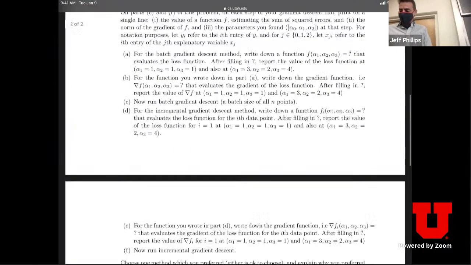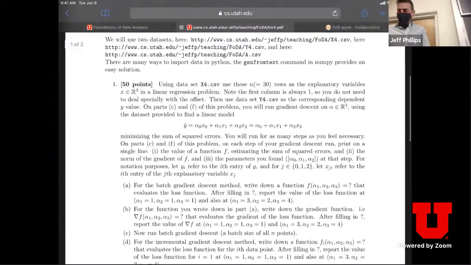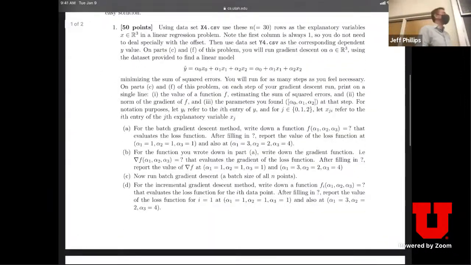The first question is building on the stuff from gradient descent and linear regression. You're going to be implementing how to find the least squares model for linear regression using gradient descent.